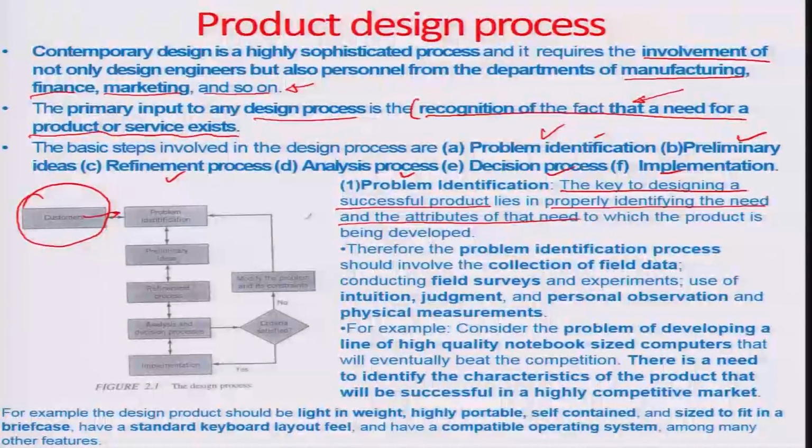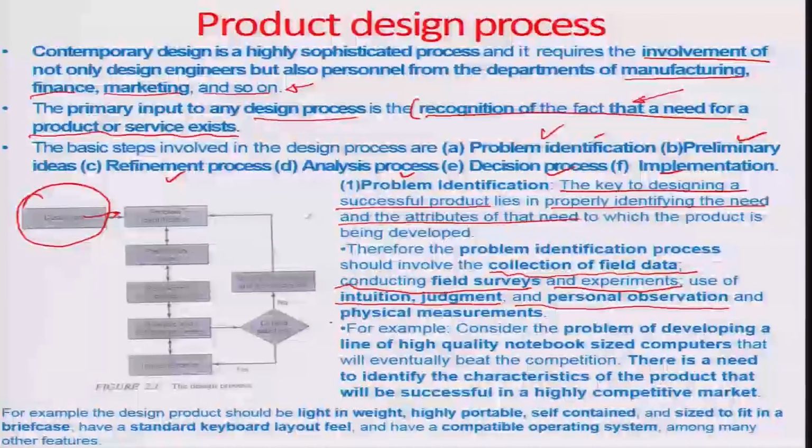So, therefore, the problem identification process should typically involve collection of field data by talking to various consumers who are interested to buy the particular product, conducting some field trials, field surveys and experiments to understand the psychological mapping, understand the psychological behavior, and then use of intuition or judgment, and also the personal observation of a designer, and also physical measurement sometimes, so that the proper problem can be zeroed upon or identified.